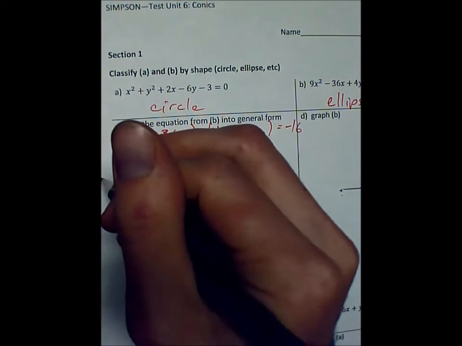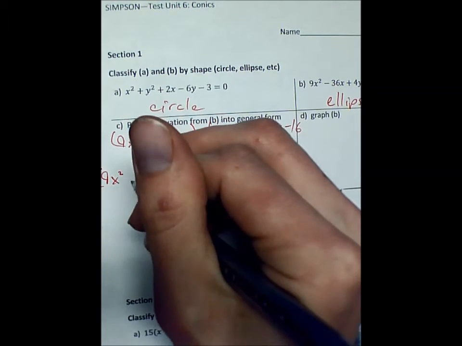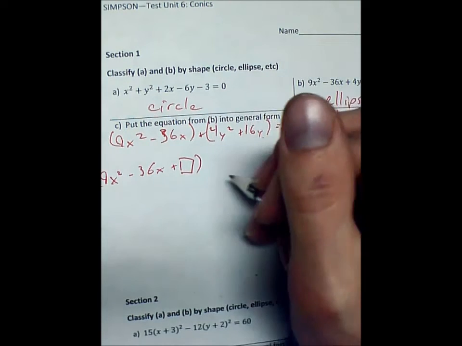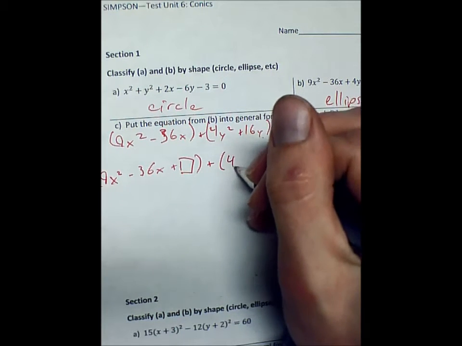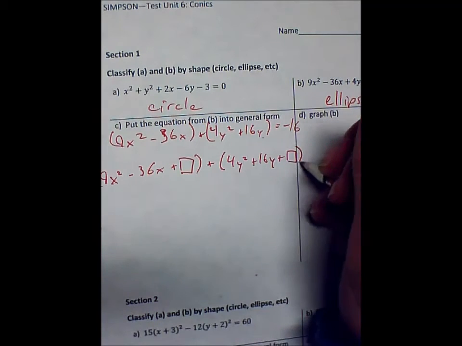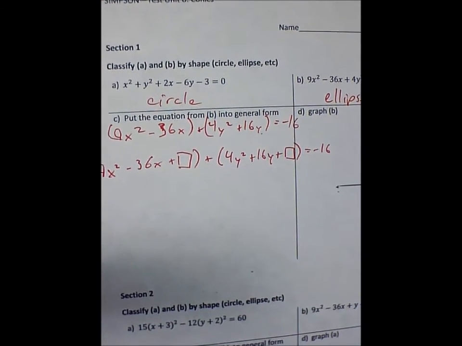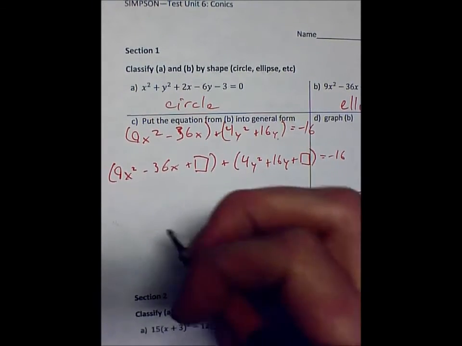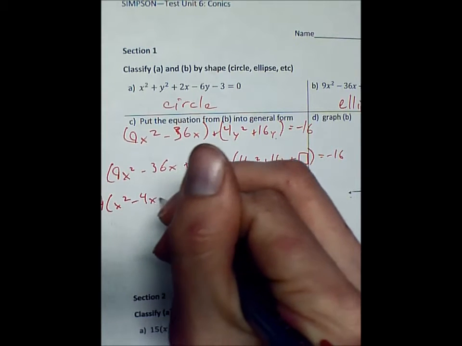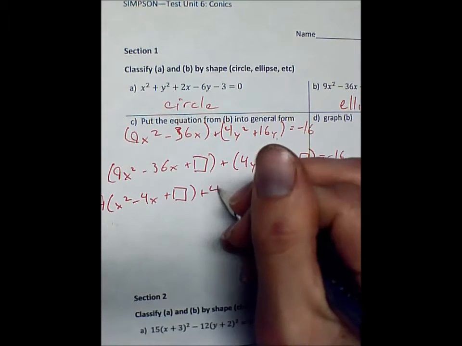So now I need to add a box, a box for the x's and a box for the y's. Now I'm going to factor out a 9, and I'm going to factor out the 4 over here.